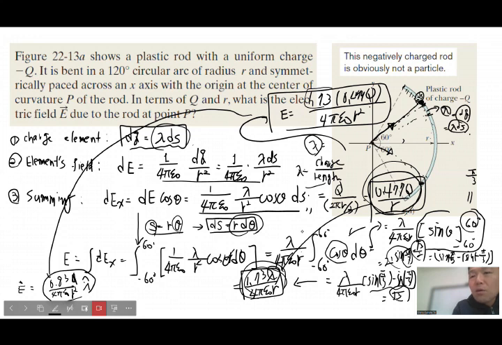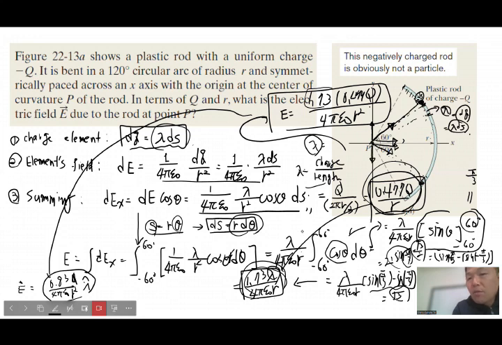Decomposing this field gives an x component and a y component, and the field from the second, symmetrical line element also has an x component and a y component.